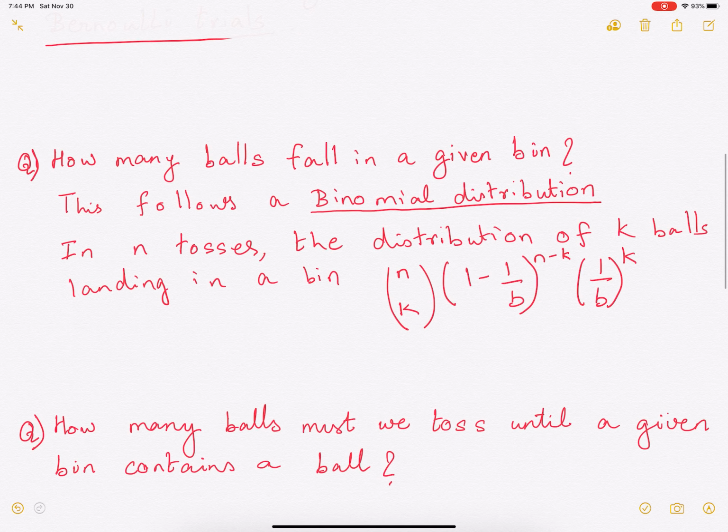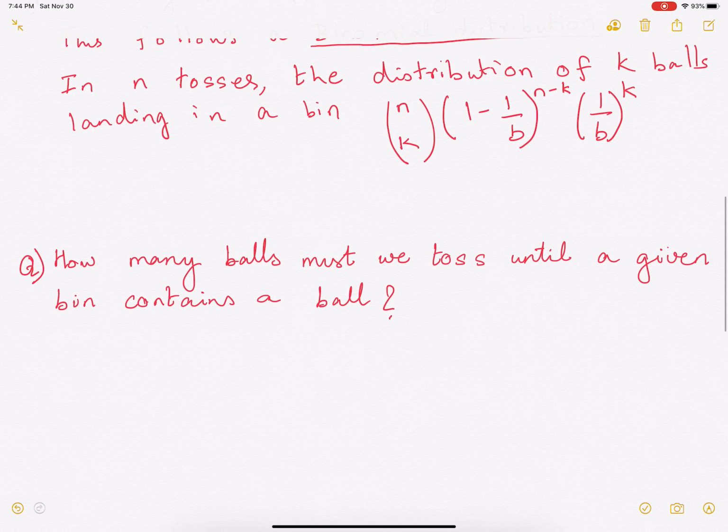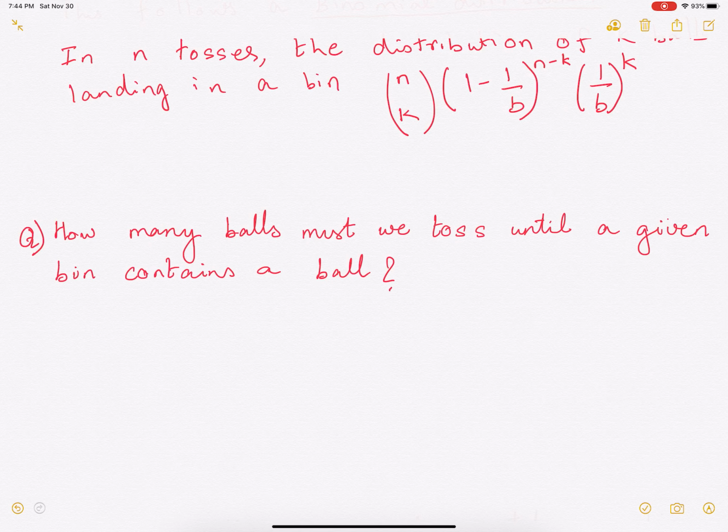Okay, so now let's try to answer another question, which is how many balls must we toss until a given bin contains a ball? So how do we answer this question? You're tossing these balls, and say you're interested in a ball falling in a particular bin, say bin number 5, and you toss the first ball, it lands in some other bin.